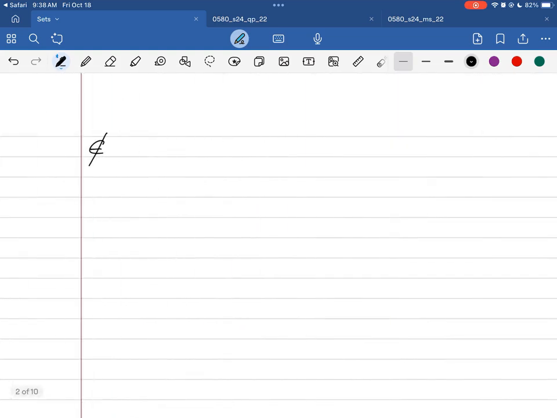If you have a cross on it, it means "is not an element of". The same thing goes with this, "is not a subset", or "is not a proper subset".